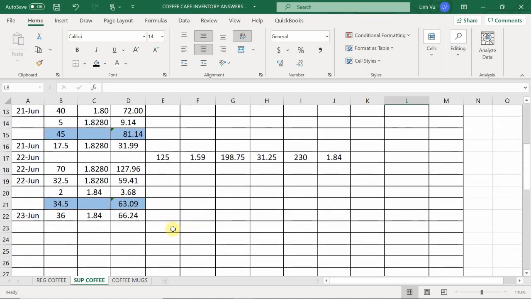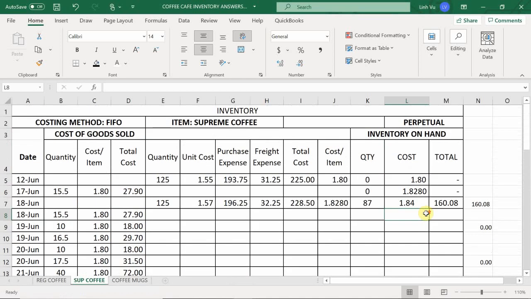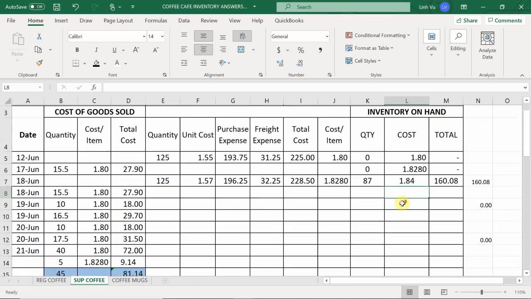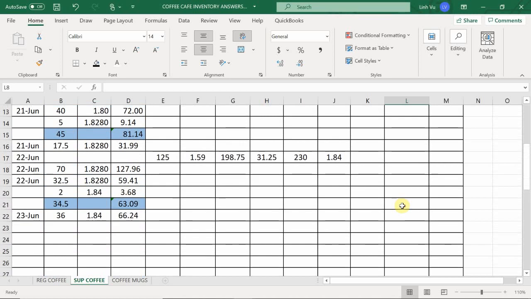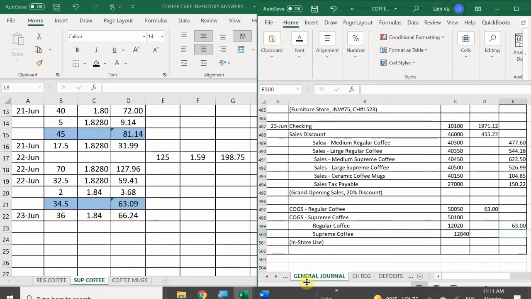Yeah. $66.24. Okay, so the amount is 160.08, correct? Yes. Okay, thank you. 160.08, and we have 66.24 for my Supreme coffee.